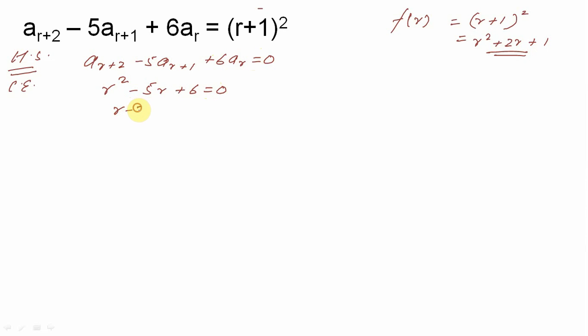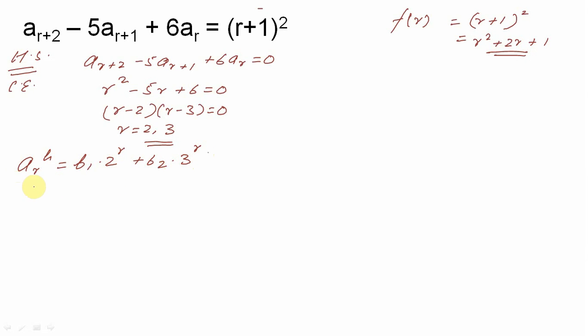Solving it, I get (r minus 2)(r minus 3) is equal to 0. So r is equal to 2 and 3. Once again, real and distinct roots. So a_r homogeneous is equal to b1 into 2 to the power r plus b2 into 3 to the power r. So this is the homogeneous solution.